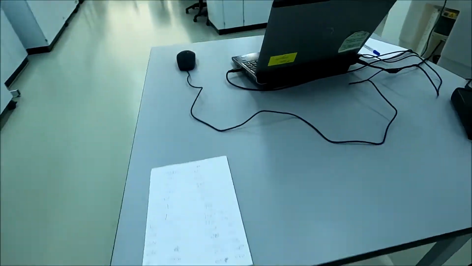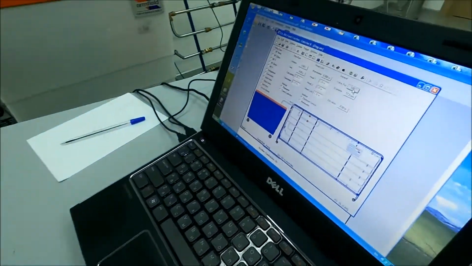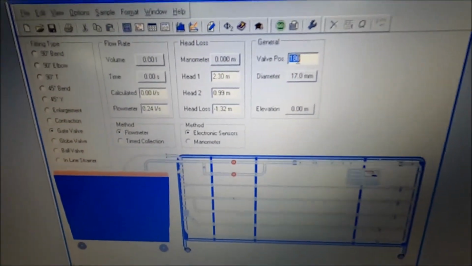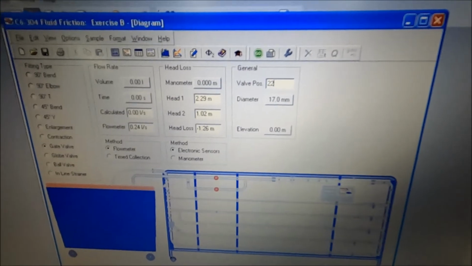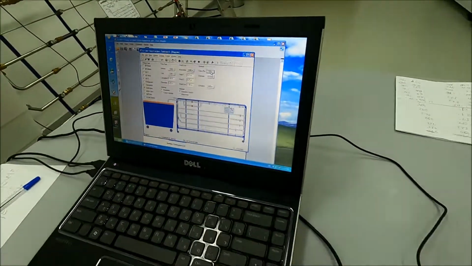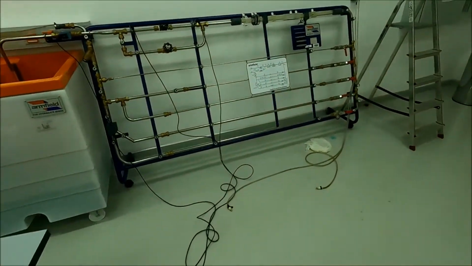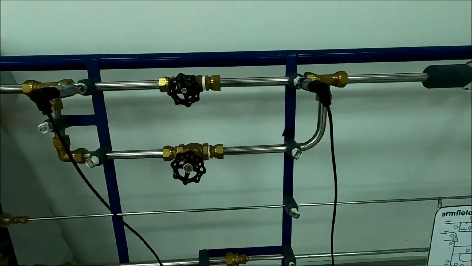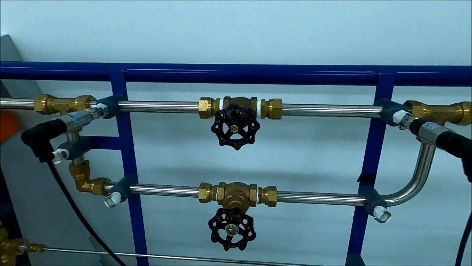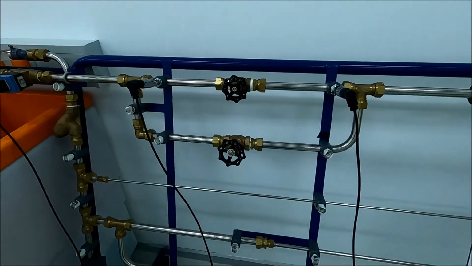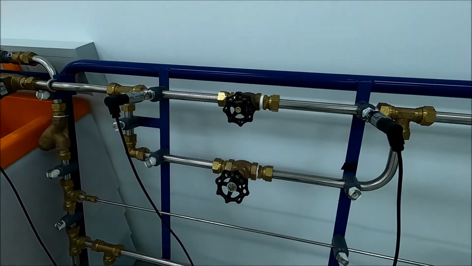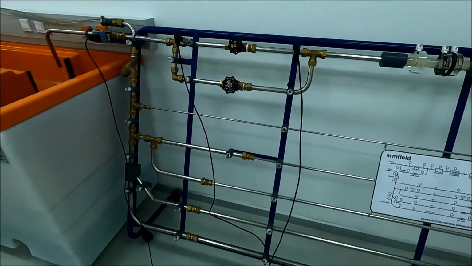Let's take readings over here. Let's move by 45. Now the position of the gate valve is 225 degrees.